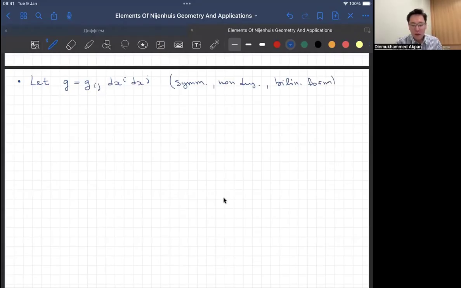Then we ask the important question: when do there exist new coordinates u1, ..., un such that in these local coordinates our metric has a very simple form, a constant form, g_ij constant?